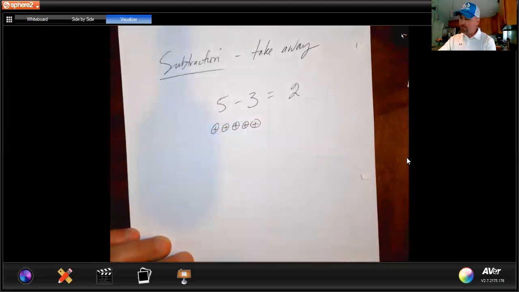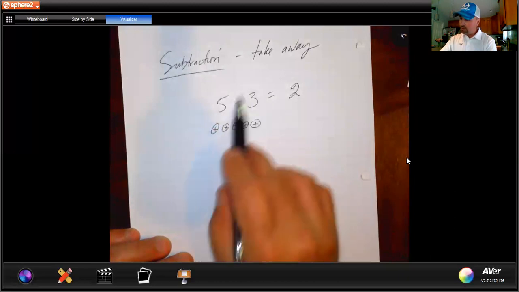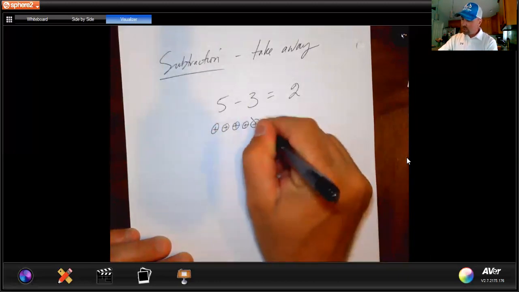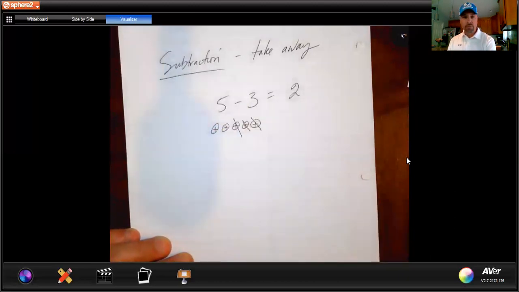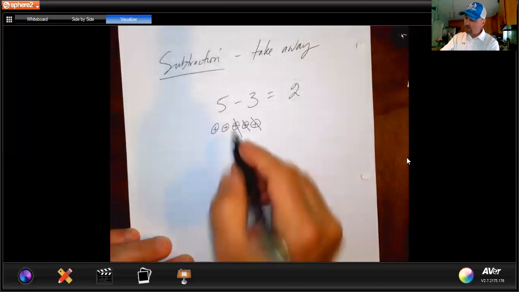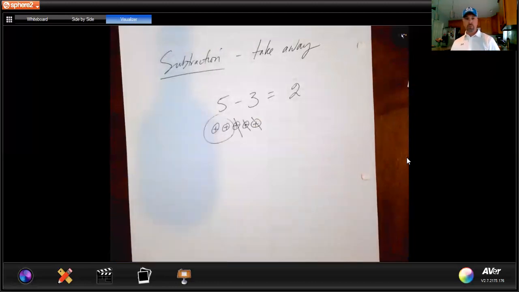Five positives, you're subtracting 3, taking away. So you take 3 away and notice what's left: 2. That makes sense. That's a typical subtraction problem.